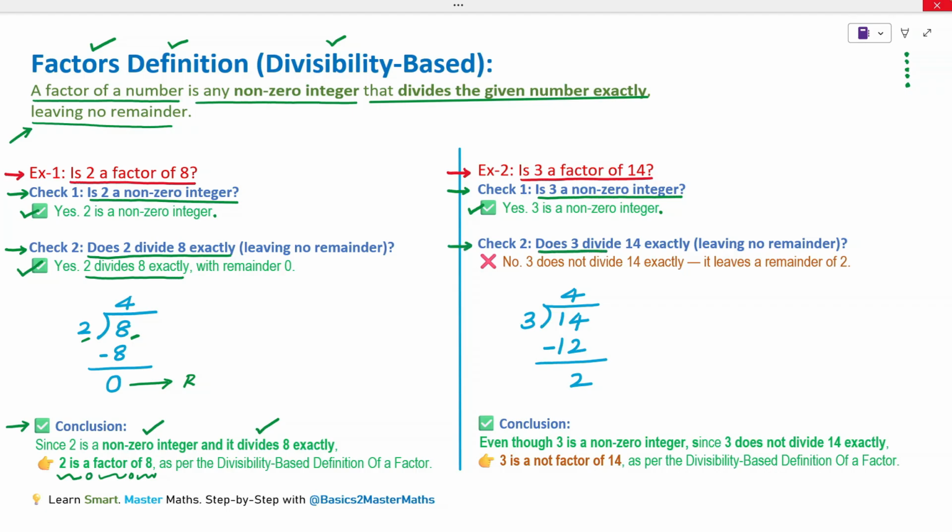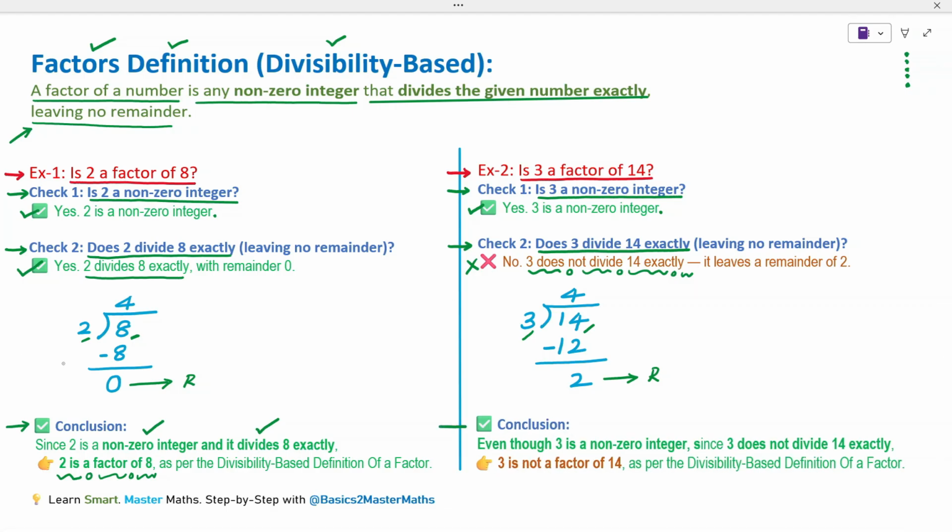Does 3 divide 14 exactly? Let us check. When we divide 14 by 3, we get 2 as the remainder. So, you can say 3 does not divide 14 exactly. Got it?